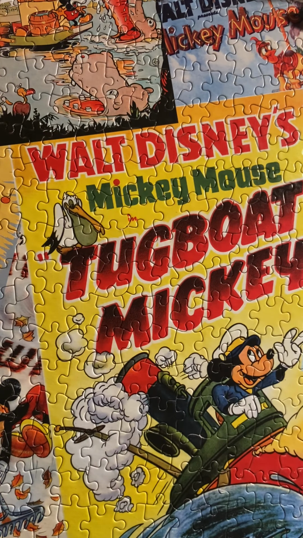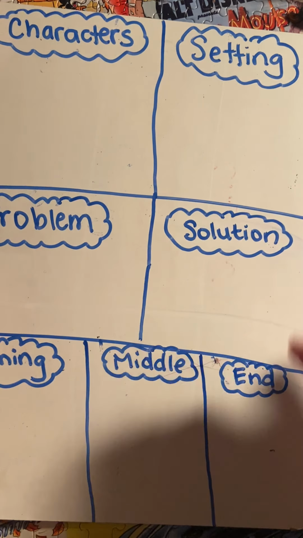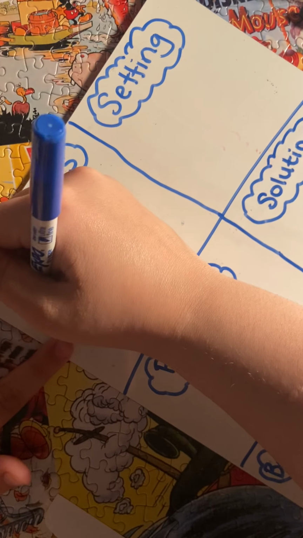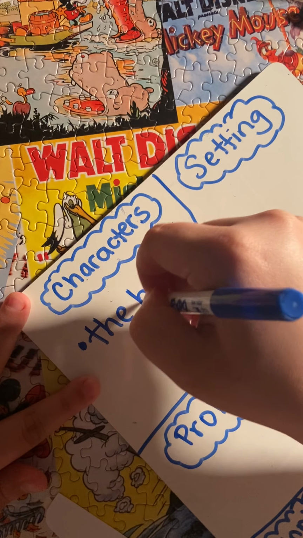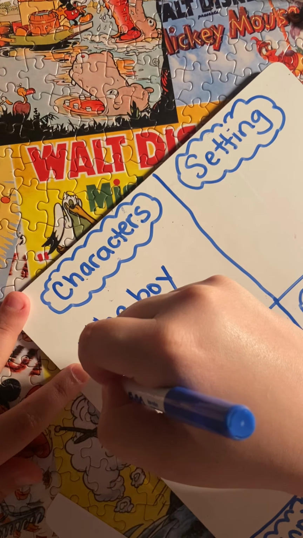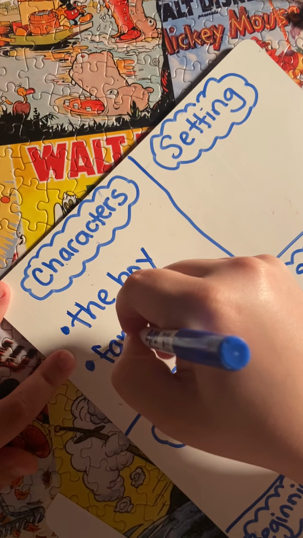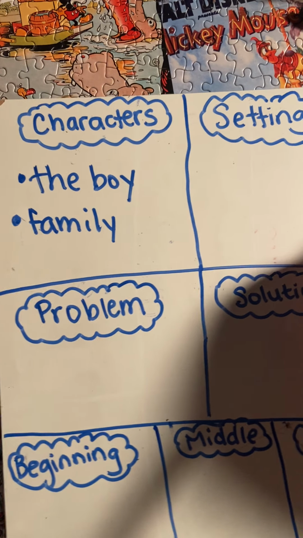So a lot to think about here. Let's talk about them real quick, especially the bottom half. So the characters, we already talked about those, and that is the boy or the narrator, right? And the family. Those are the main characters, the people that we see throughout the whole story.